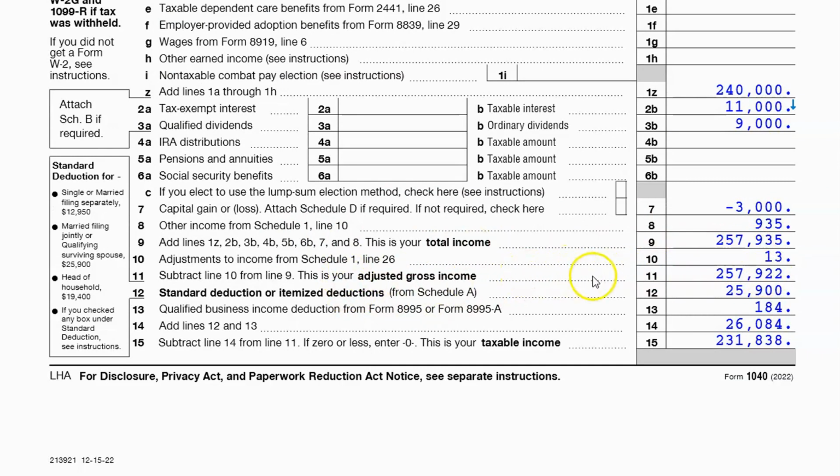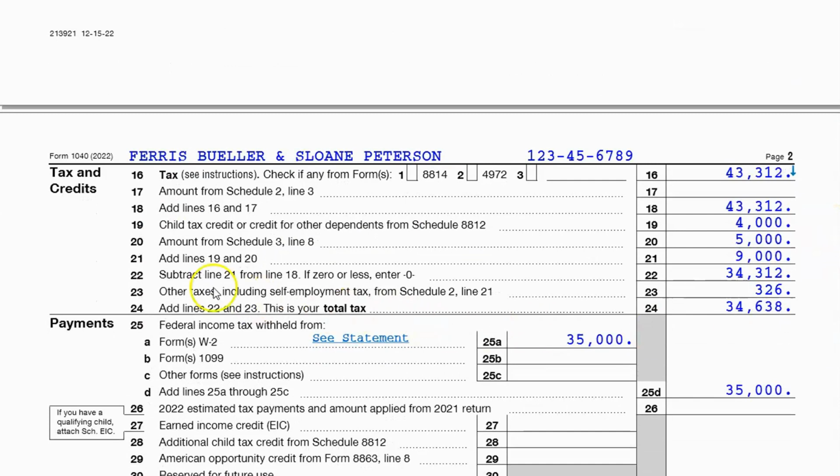Remember, the threshold is 250. So they're about $8,000 over, to be exact, 7,922 over that 250. Okay. And then you got to look at what their income is, and there's dividend income and interest income that's pushing them over, right? Now we go to line 23 here. Remember, it was $25.